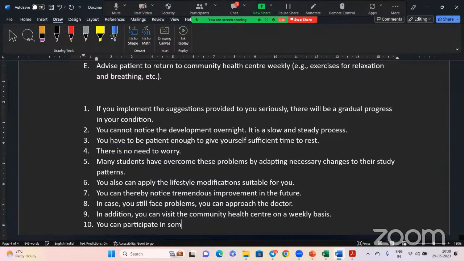You can do some exercises which give you relaxation.